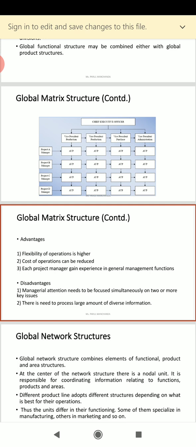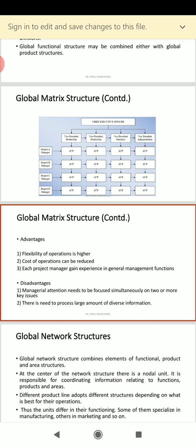The one is from the vice president production and the other is from the project manager A. So basically it is like this person is actually the part of the production team, right? But at regular intervals, as and when required, is also made to work under different kind of projects. And right now that particular person is working under two heads, the production head and your project manager A. So at the same time, he is receiving orders from vice president production and project A manager.